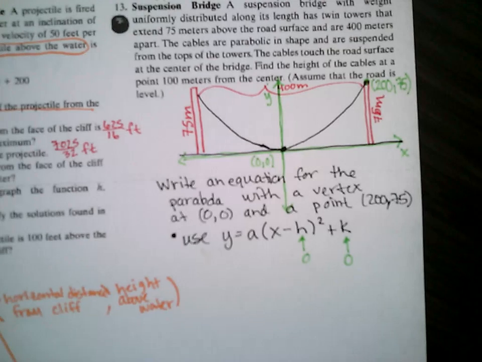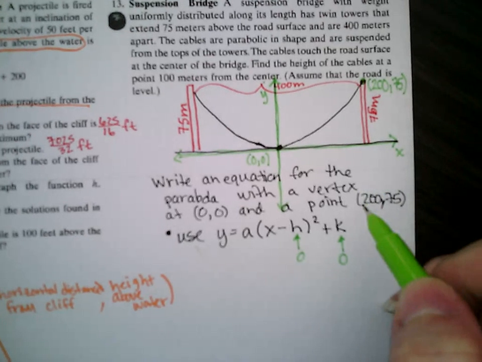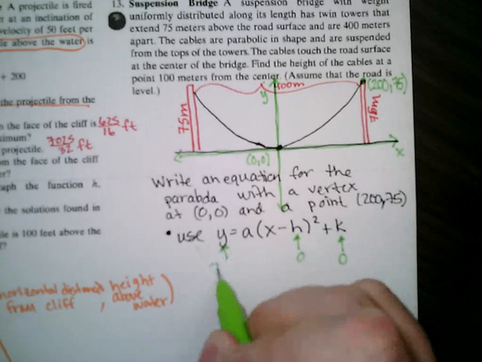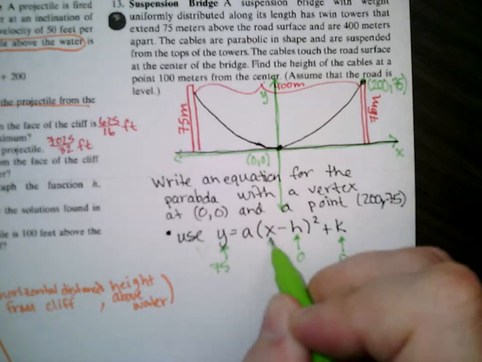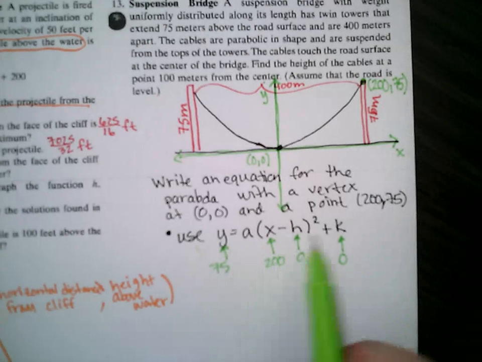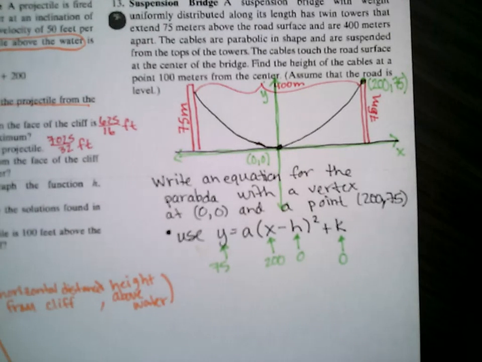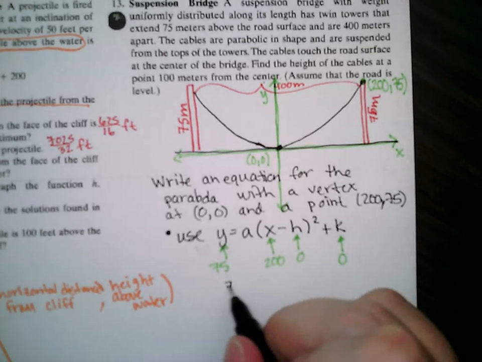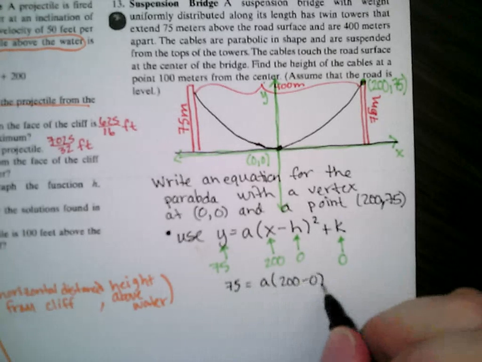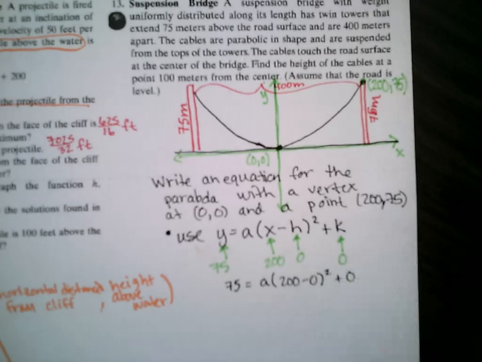And then I have a point that is x equals 200, y equals 75. So y equals 75, x equals 200. So then I can substitute in values for every letter except for a. So if I work through that, 75 equals a times (200 minus 0) squared plus 0.